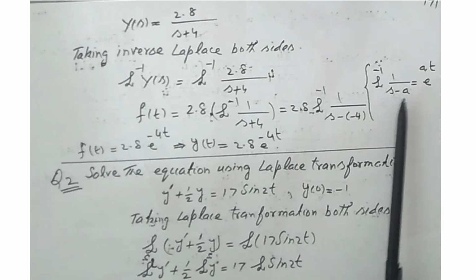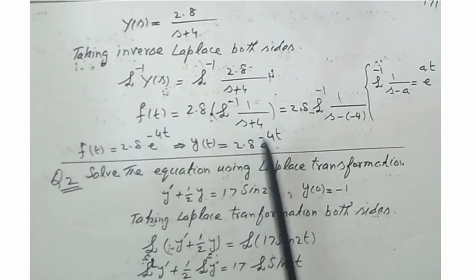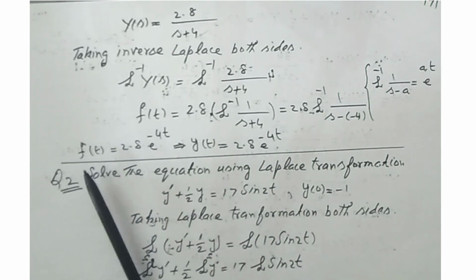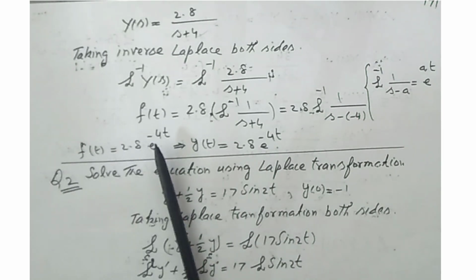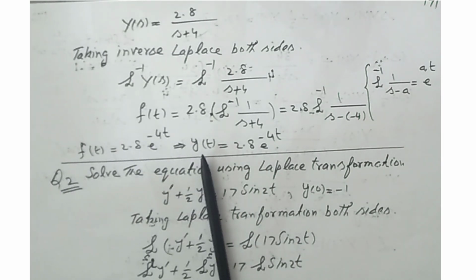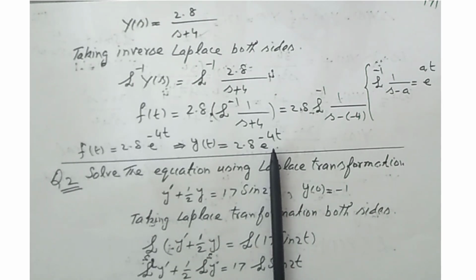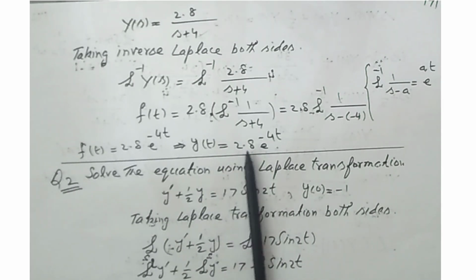The value of a is -4. So we put a = -4, and f(t) equals 2.8 e^(-4t). So y(t) equals 2.8 e^(-4t), and this is the solution of the given equation.